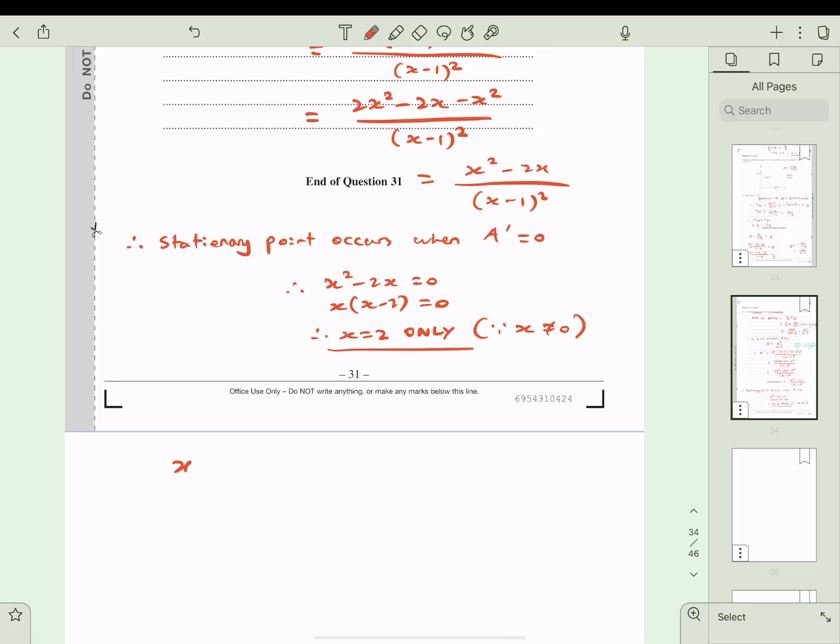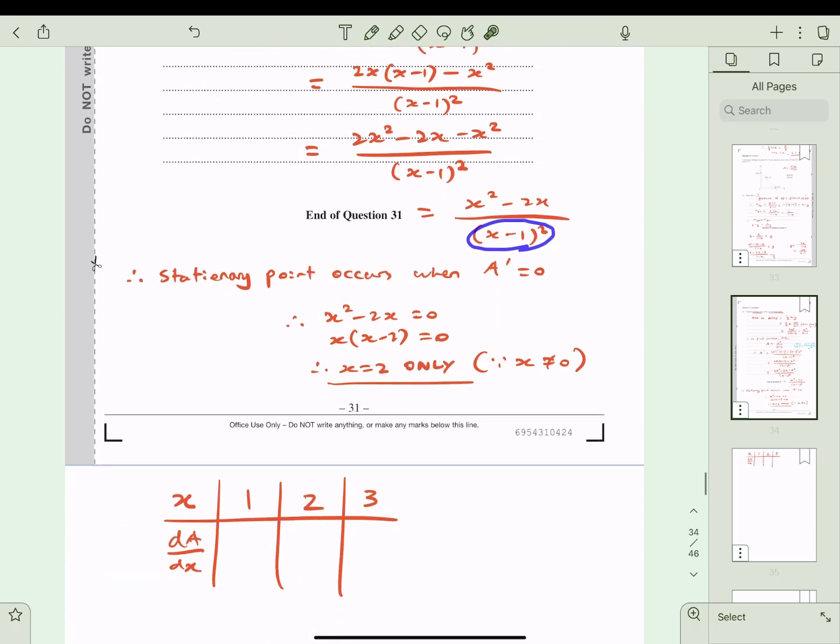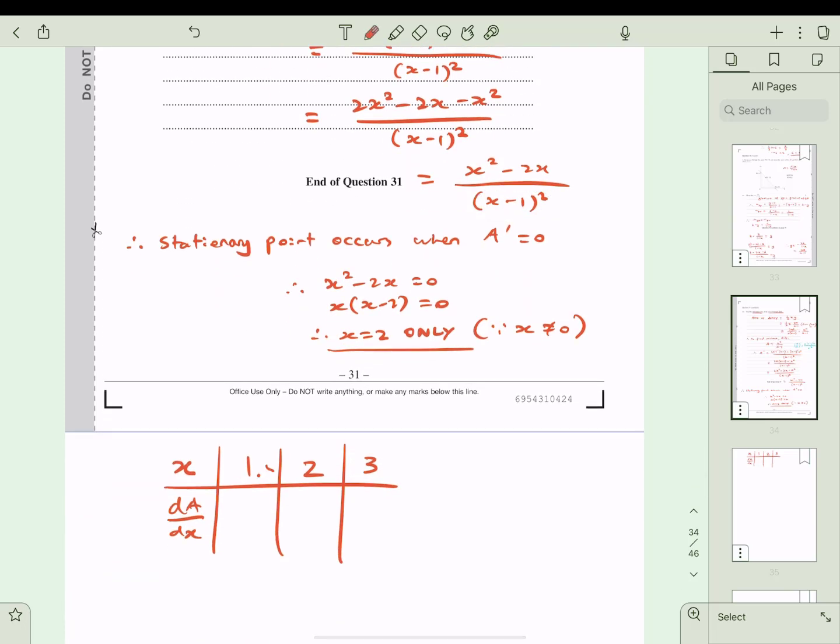So sign table: x and dA on dx, or in other words, A dash. Here we have 2. Normally I would pick 1 and 3 because those are the easiest ones, but here's the problem. Can x equal 1 for my first derivative? No, it can't, because the denominator cannot equal 0. So unfortunately, I'm going to have to pick 1.5 instead.